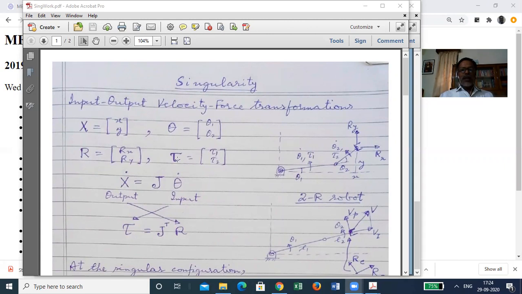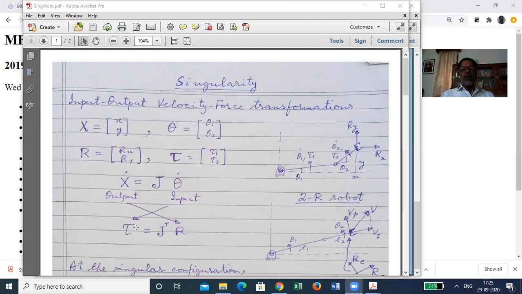And joint forces, there will be two torques because two revolute joints. And here the derivative of this, that is the velocity of this point, is given by J times theta dot, which is the derivative of this vector.